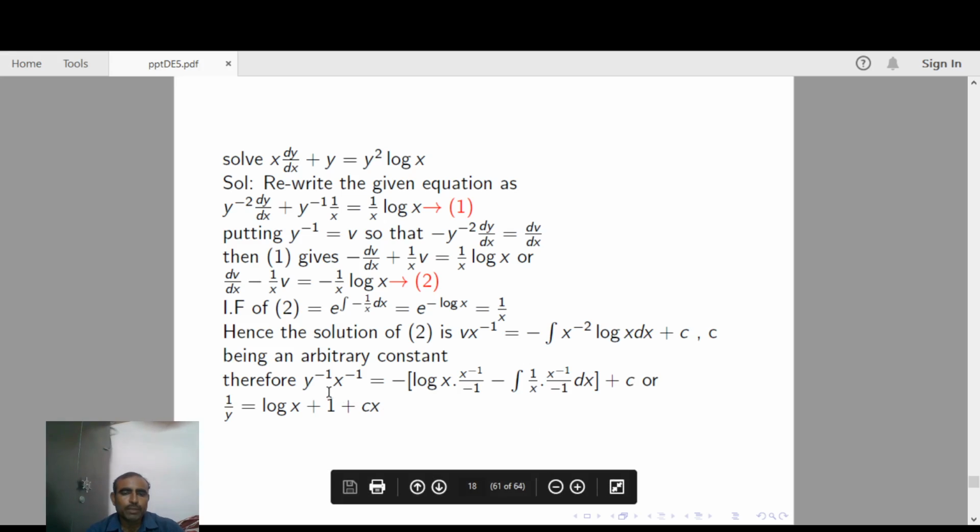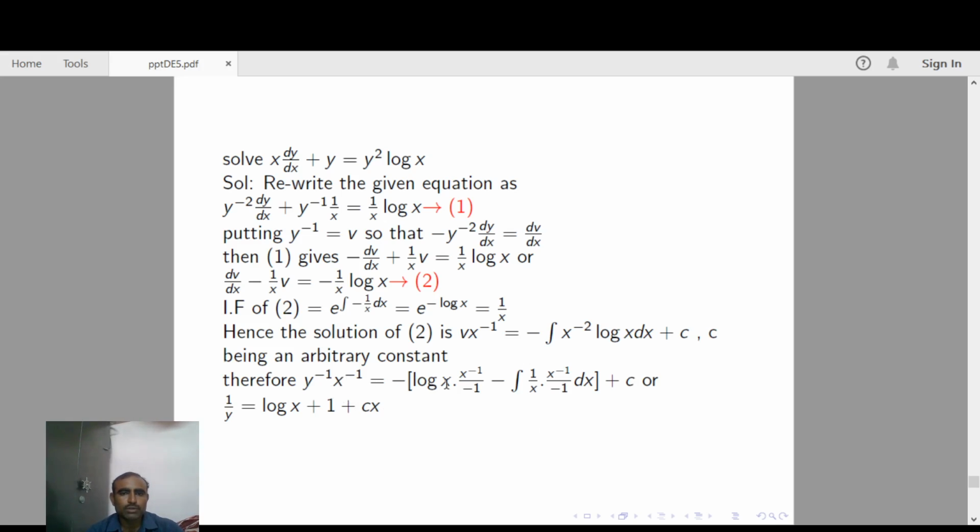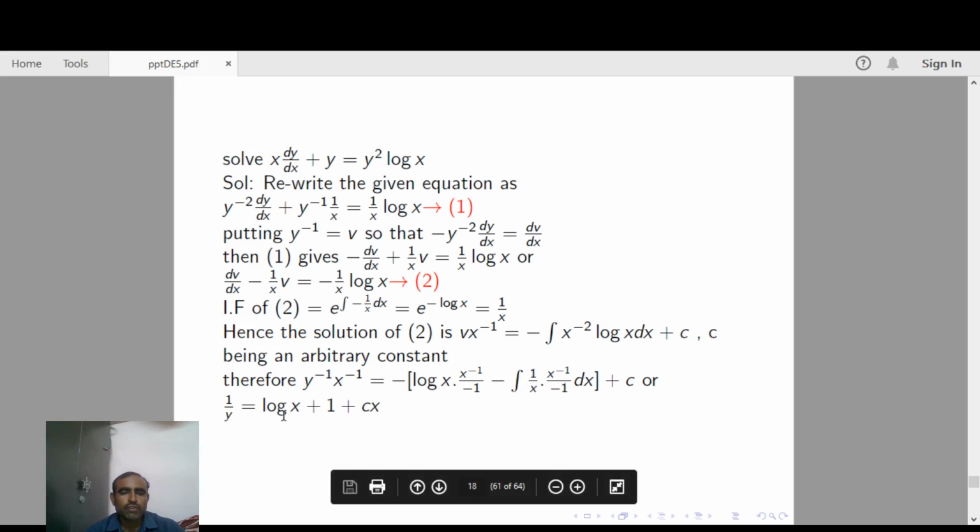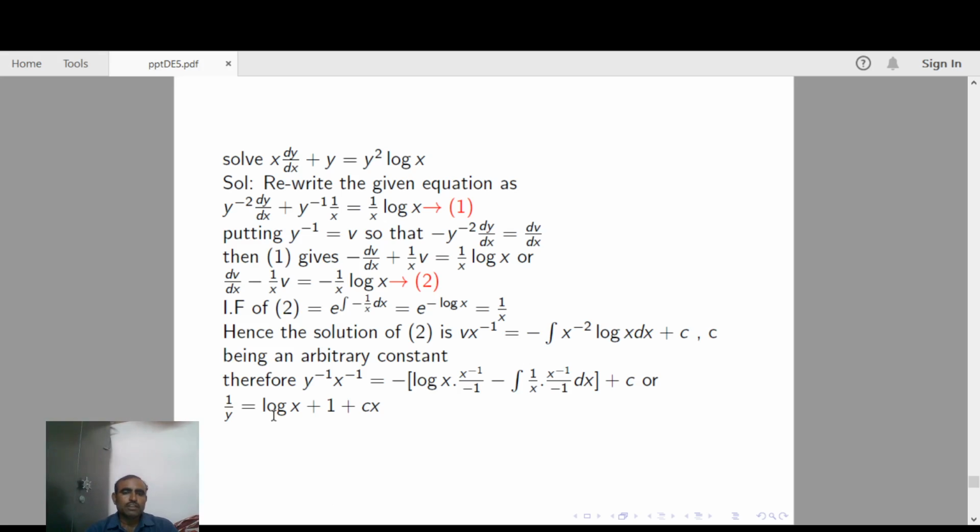Again y^(-1) x^(-1), write this as 1/(xy) = -(-log x / x ...). Here 1/x into 1/x^2 is x^(-2), again you will get x^(-1)/(-1), write as 1/x. Then simplify this, you will get 1/y = log x + 1 + cx, where c is an arbitrary constant, which is the solution of the given differential equation.